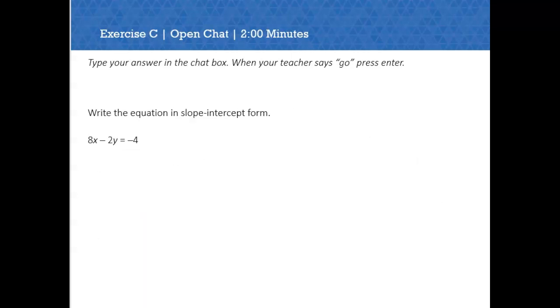Let's take a look at another one. Write the equation in slope-intercept form. So we need to understand slope-intercept form because we're going to learn another form in Unit 4. So y equals mx plus b. So we need to get y by itself. Don't touch anything by the y until everything else is moved. So we're going to subtract 8x from both sides.